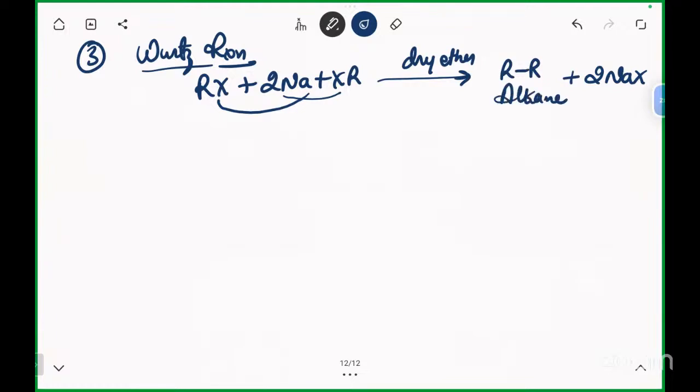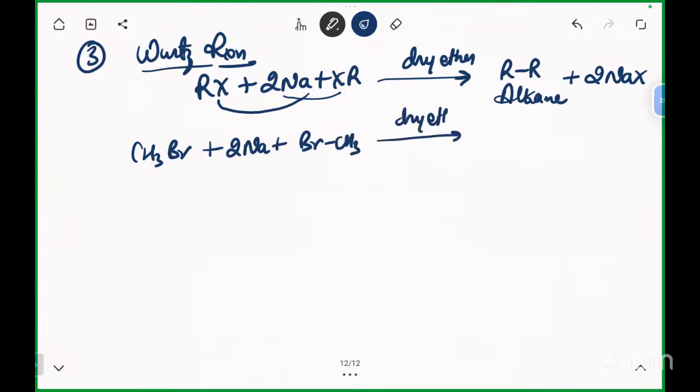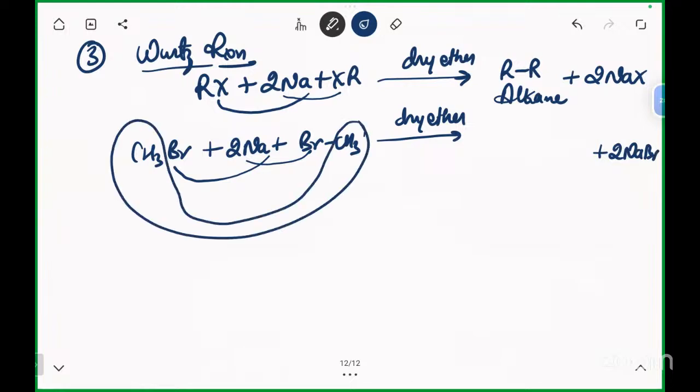Let's take an example like CH3Br, bromomethane, along with another molecule of bromomethane. When it reacts in the presence of dry ether, Na will react with Br, Na will react with the Br, giving out two molecules of NaBr, and the remaining two CH3 will combine with each other and form CH3-CH3, that is again ethane. So this is quite important from the exam point of view.